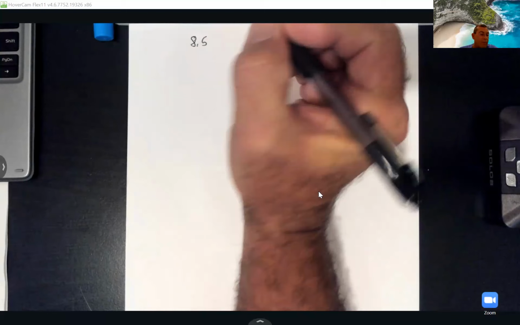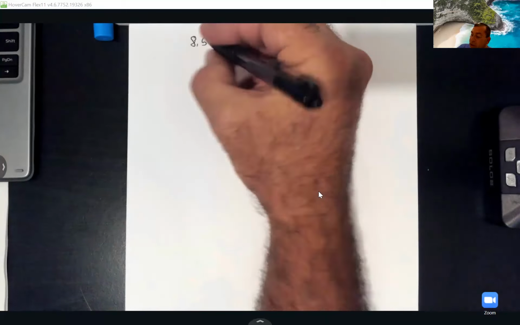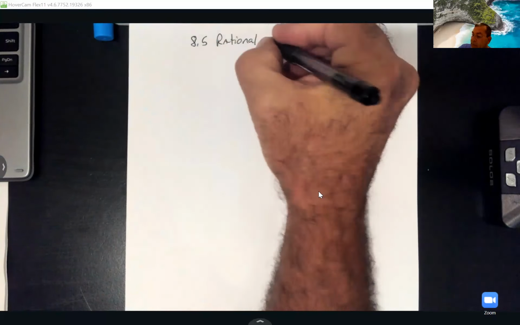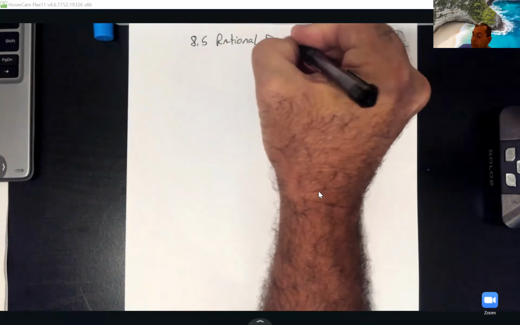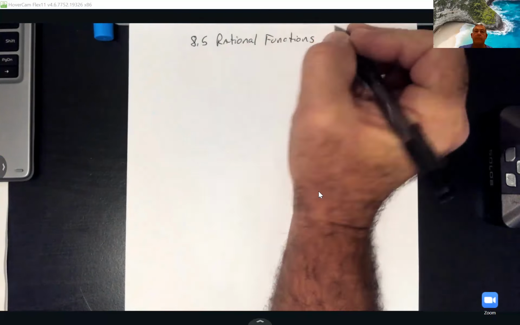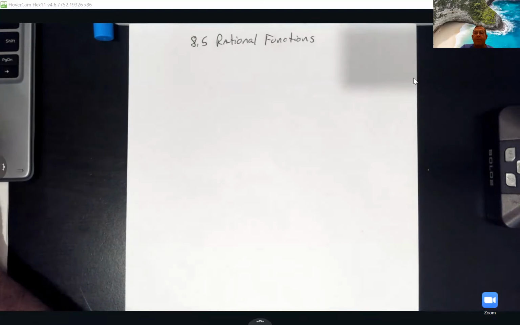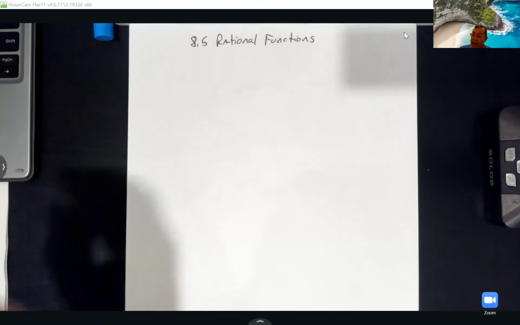All right, y'all. So 8.5 deals with rational functions. The first two questions in this section deal with finding the domain. So I'm going to find a domain just to keep us good at doing that.